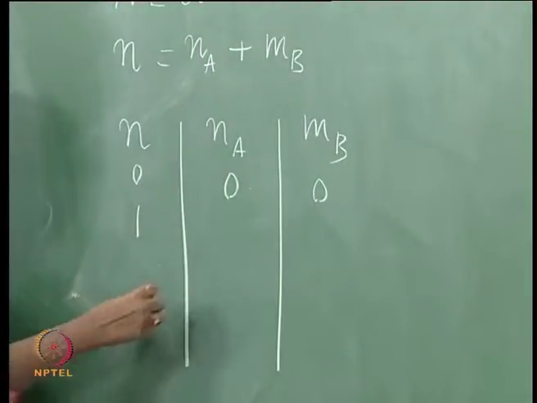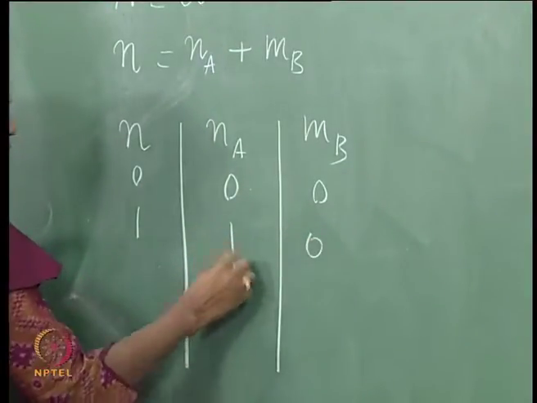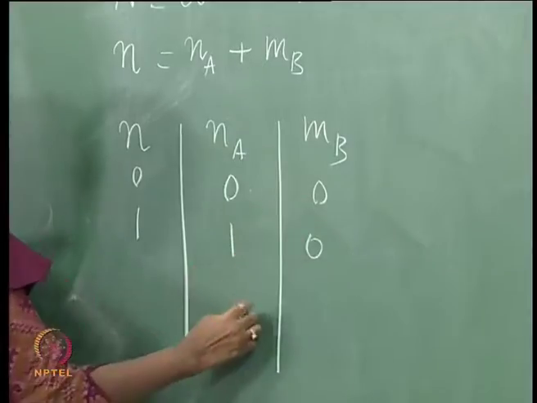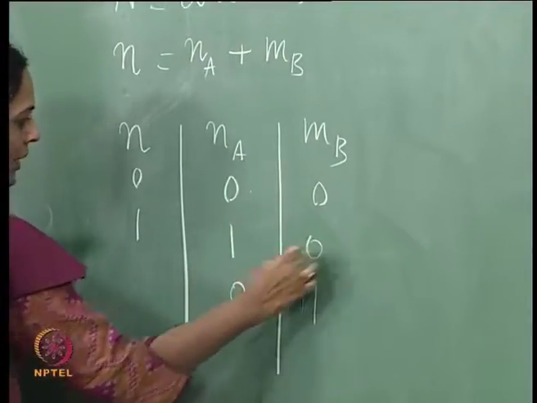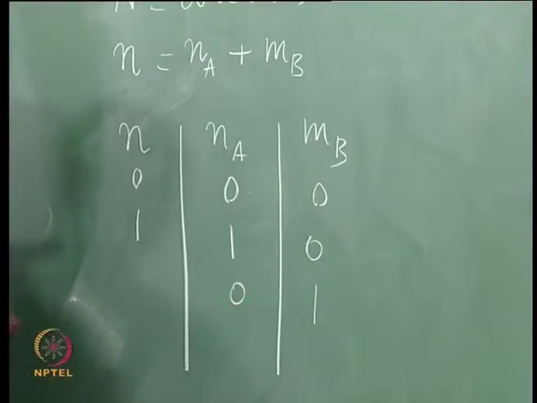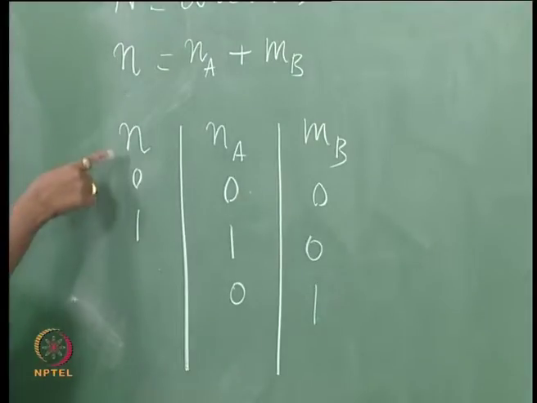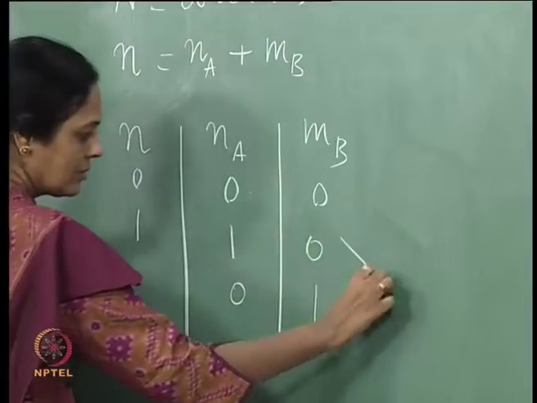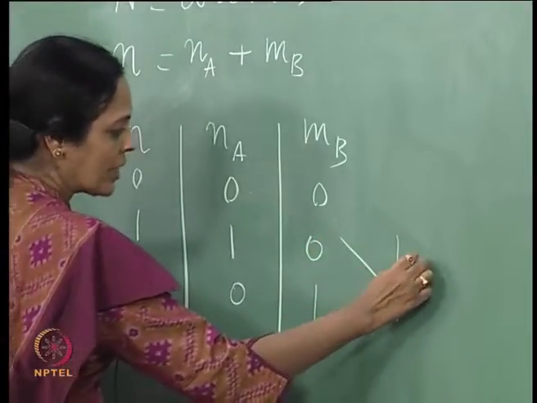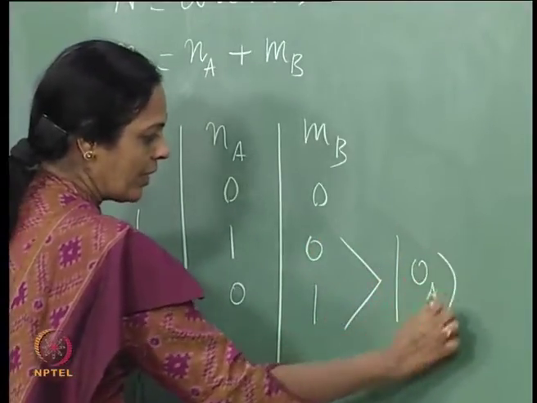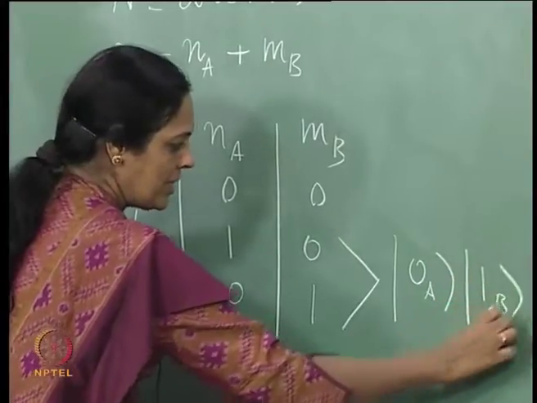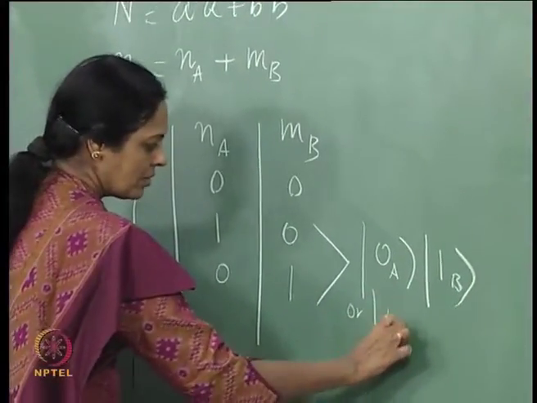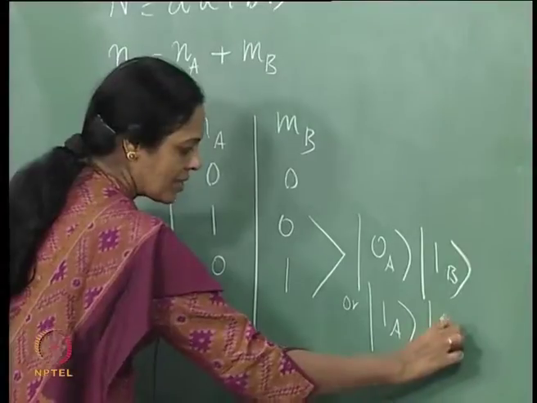So, let me put n equals 1. This could come from Na equals 1, Nb equals 0, or Na equals 0, Nb equals 1. In other words, the eigenvalue n equals 1 could come from the state 0a 1b or 1a 0b.